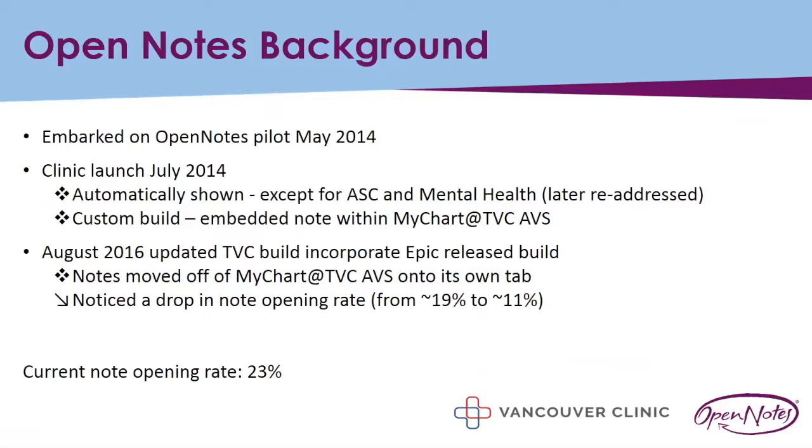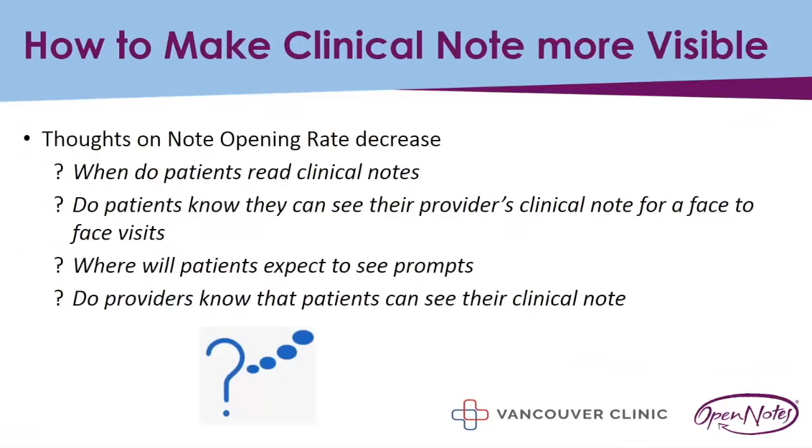In August of 2016, we did our Epic upgrade and found that our note reading rate dropped from 19% to 11%, which we thought was due to their redesign of MyChart, because that seemed to be the only real thing that we could find. Our current note opening rate is sitting somewhere between 22 and 26%, depending on which month you look at.